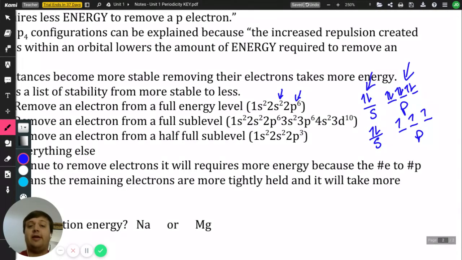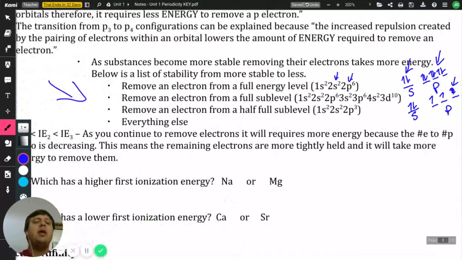So since this is half full, if I take this one away, we're going to be making that much less balanced. And since it's less balanced, it's going to take more energy to remove that electron. Because remember, atoms are always about trying to achieve the most stable configuration they can. And then everything else is going to be less in terms of stability.